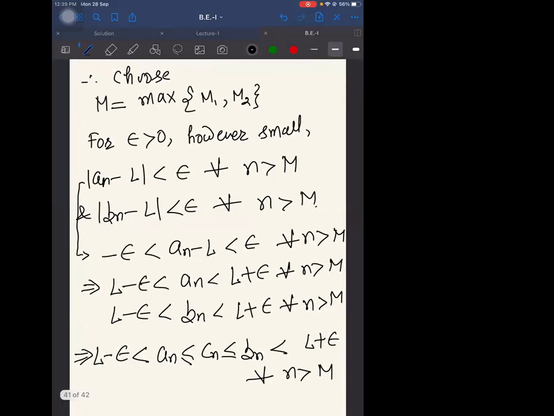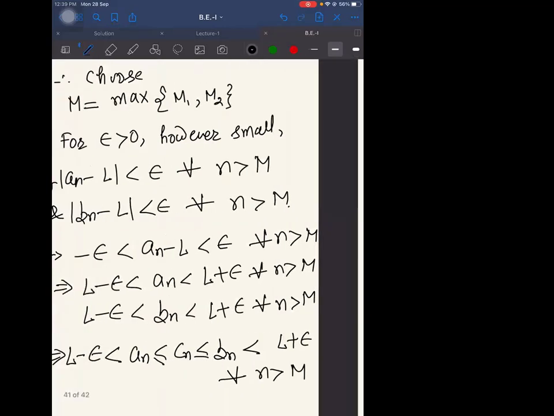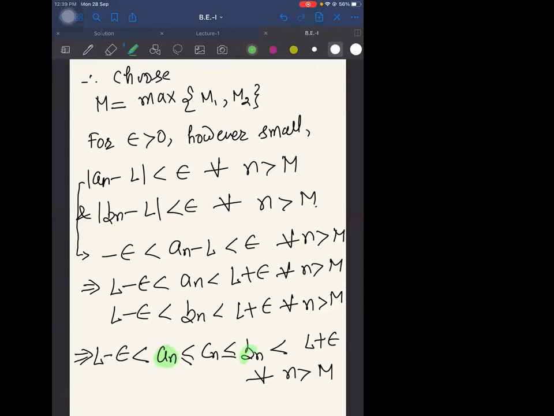So I can write it as, let's say I don't need this an and bn right now. So let's discard these two. So can I write the inequality as L minus epsilon less than cn less than L plus epsilon for all n greater than m? Can I write this? I can simply drop these terms, right? Because this will also hold.